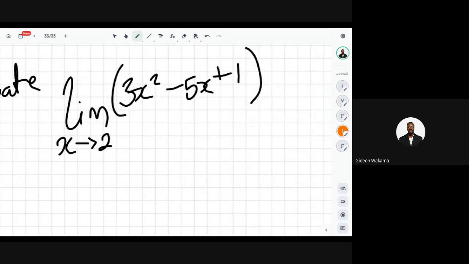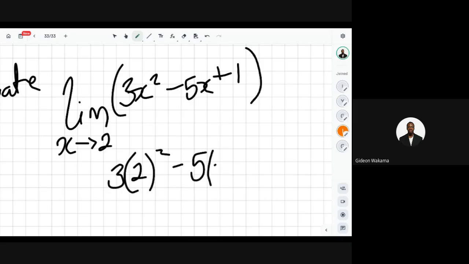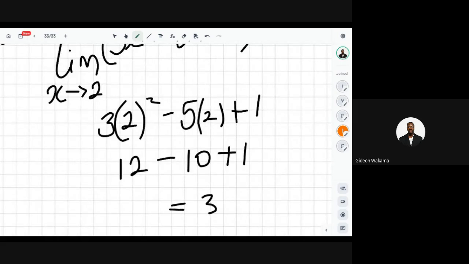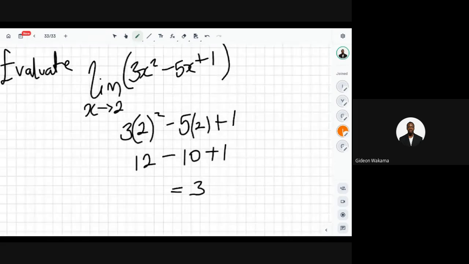So you can use direct substitution, right? Let's try with direct substitution. If I put 3 times 2 squared minus 5 times 2 plus 1, this here is 12, because 2 times 2 is 4, 3 times 4 is 12. Then minus 10 plus 1. And that is 3. So the answer is 3.